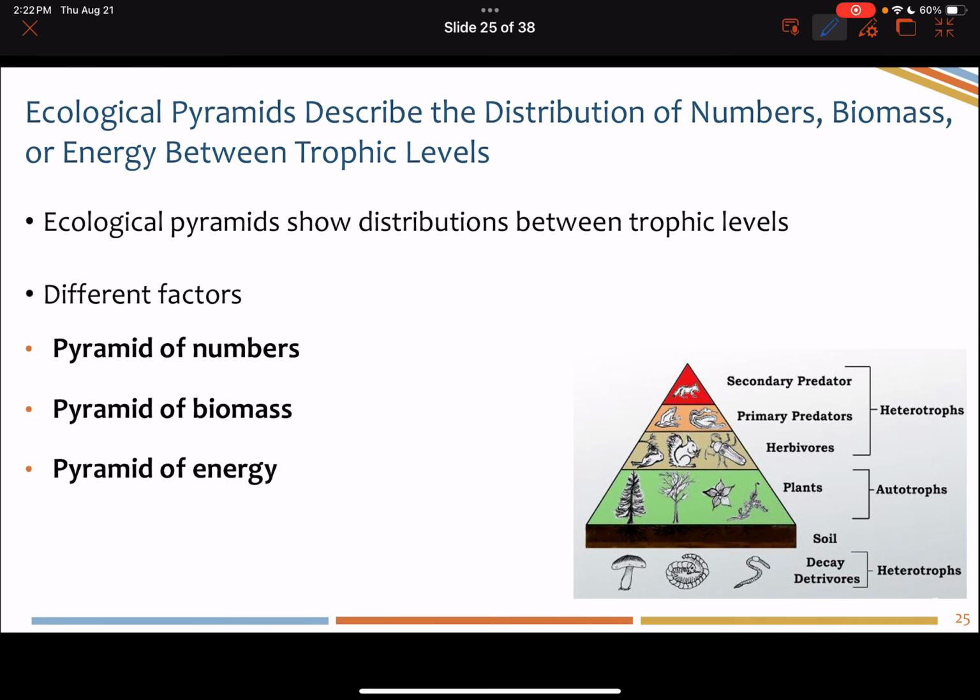So our most common types of ecological pyramids are pyramids of numbers, biomass, and energy. Each of these pyramids shows the distributions between trophic levels. In a pyramid of numbers, we're looking at the total number of organisms in each trophic level.